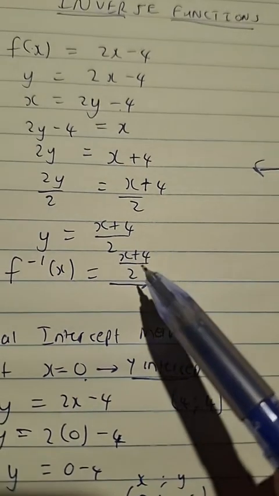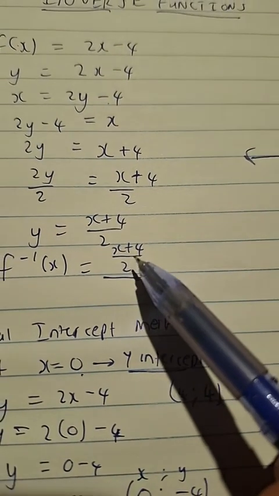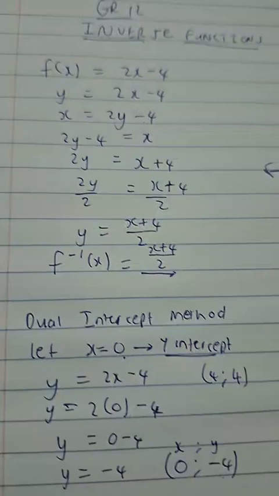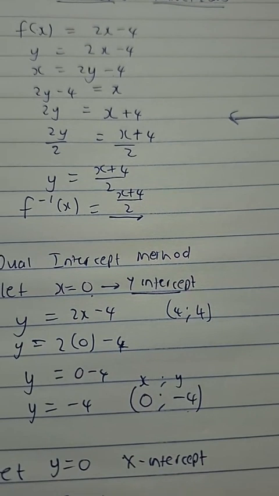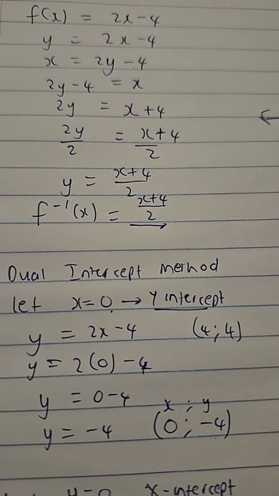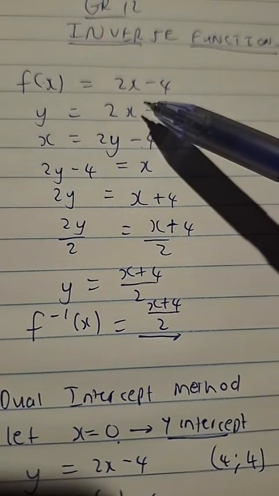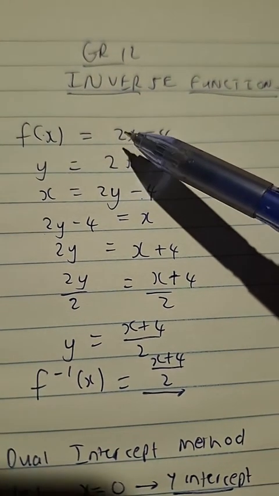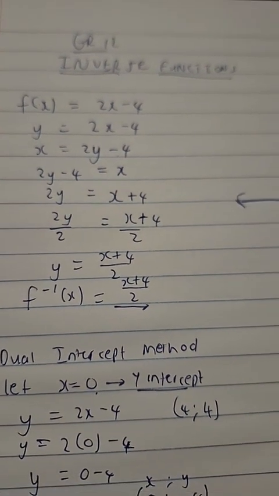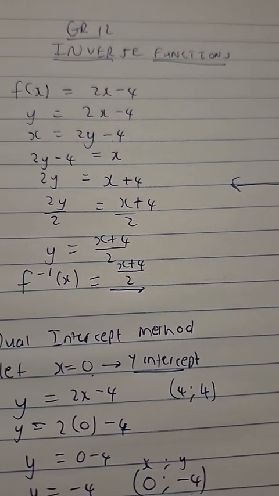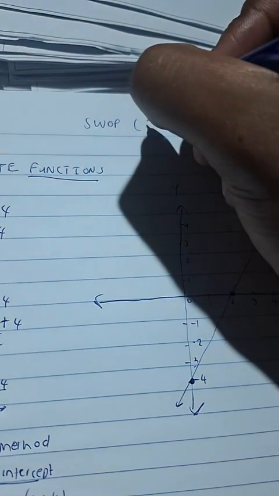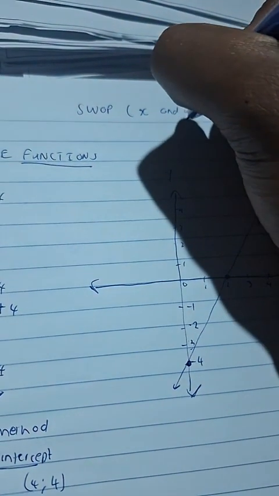Whenever we are going to sketch the inverse of this particular function, remember what's the most significant thing that we do every time we want to convert a function to its inverse. There is something that we do every single time, and that is this idea of swapping our x and y.